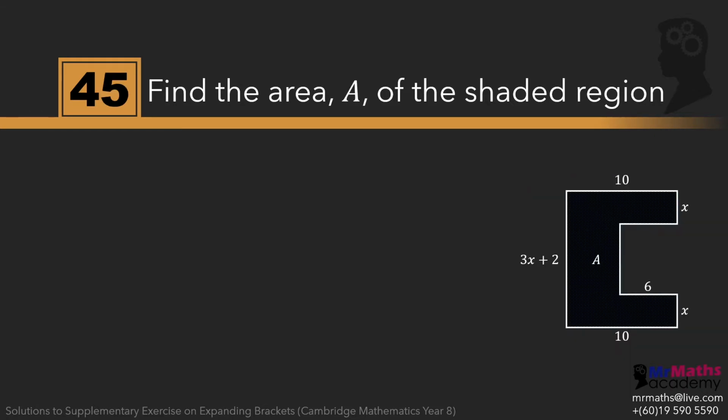Number 45. Okay, we have another unique problem here. There are a number of ways to calculate the area. The shape looks like letter C. We can actually divide this into three separate rectangles, but this will require us to write three expressions or three expansions by itself.